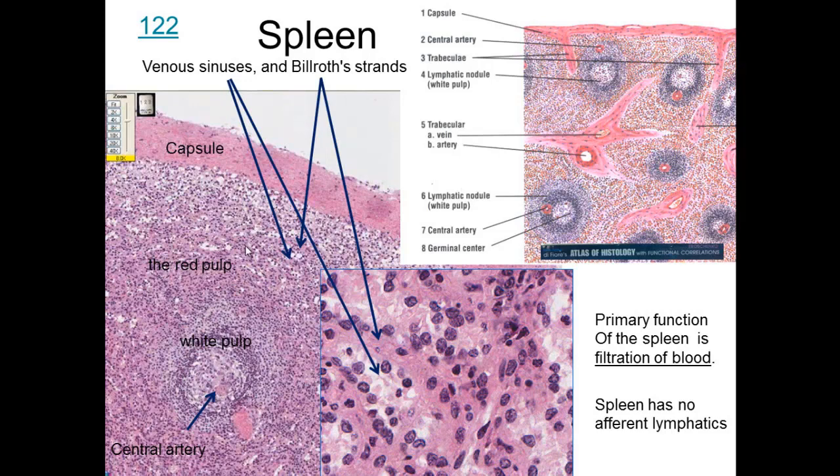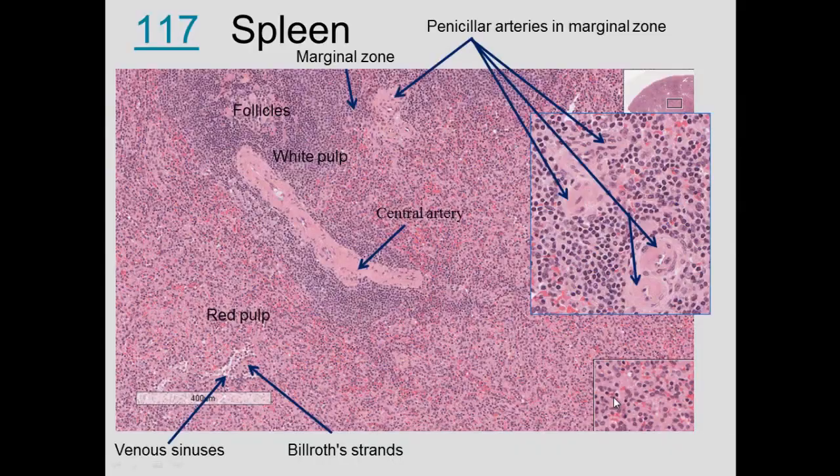In the red pulp, we have the splenic strands, or the Billroth strands, and the sinuses. This is a sinus here. The primary function of the spleen is filtration of the blood. The spleen has no afferent lymphatics either, because it's not cleaning lymph, it's cleaning blood.